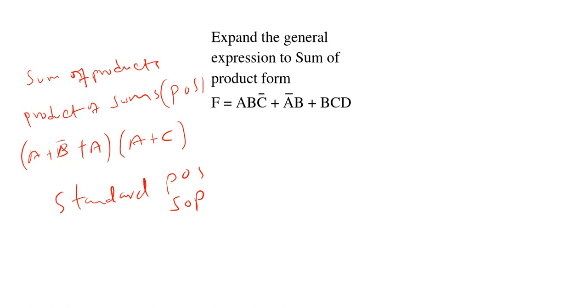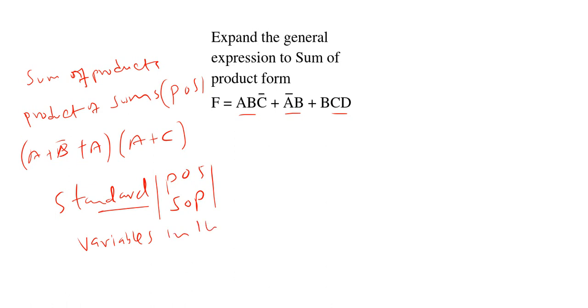So in this case, when we have to make the expressions standard, we mean that every term, for example in these three terms, should contain all the variables in the domain.